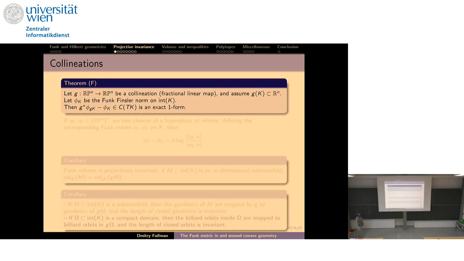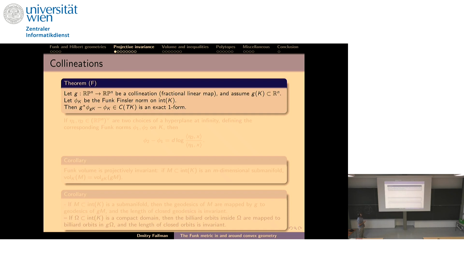And you have one convex body defining the geometry, that's K, and then there's the billiard table. The billiard table does not need to be convex in principle. The convex body is all there is. That's your universe when you're doing Funk geometry inside K.